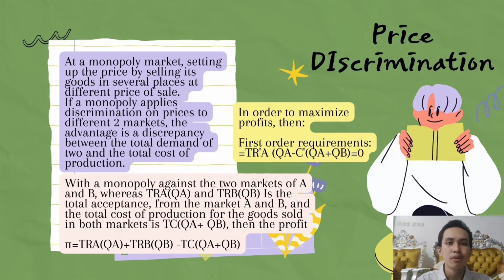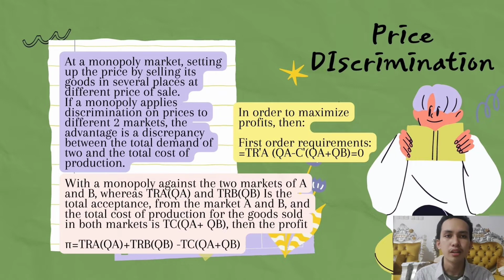In order to maximize profits, the first order requirements are: delta pi over delta QA equals TR prime A in parentheses QA minus C prime in parentheses QA plus QB equals 0.